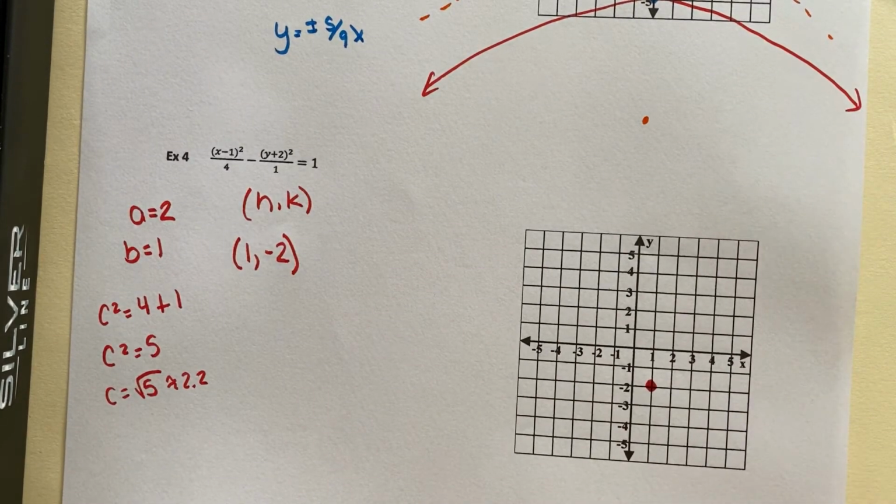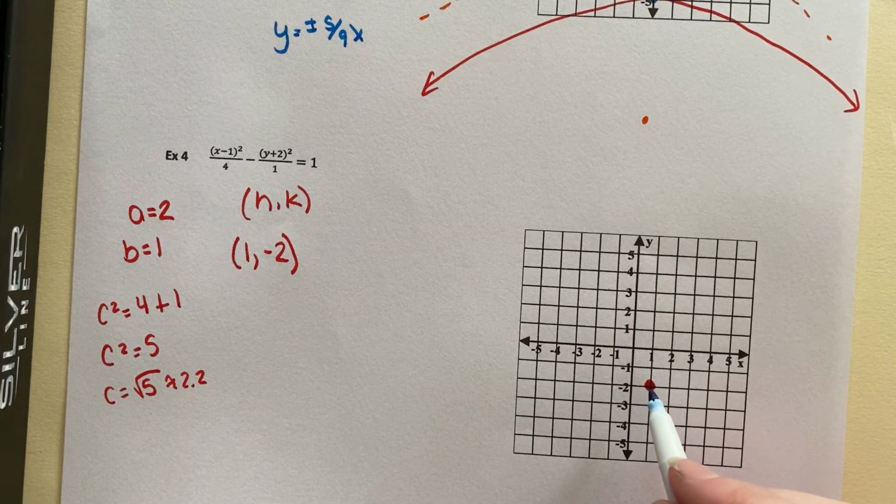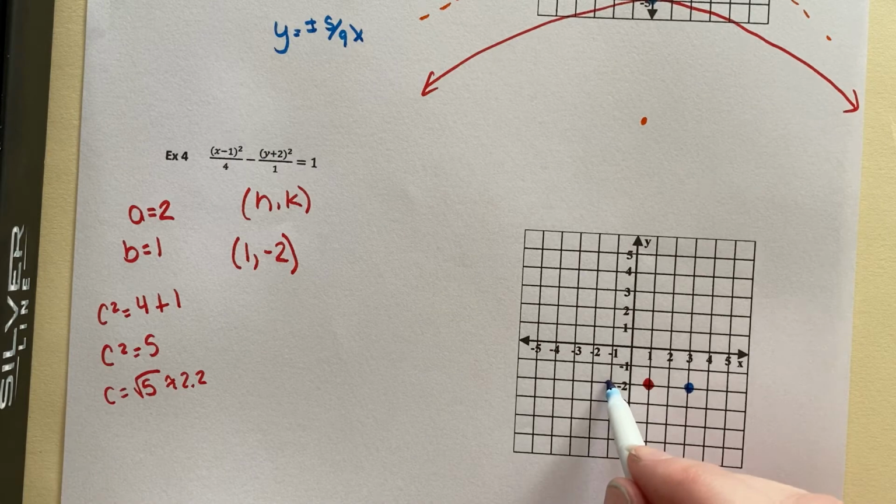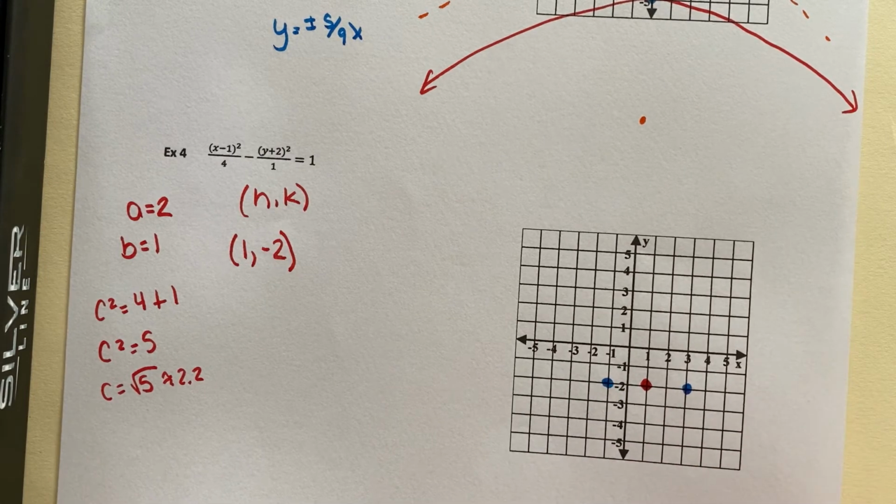Okay, so let's start with our vertex, which is A. So A is 2. That means we're going a distance of 2 from our center. So here's our center. I'm going to go 2 out this way. So everything's symmetrical, and then 2 out this way. That's our vertex. So now let's do our focus.